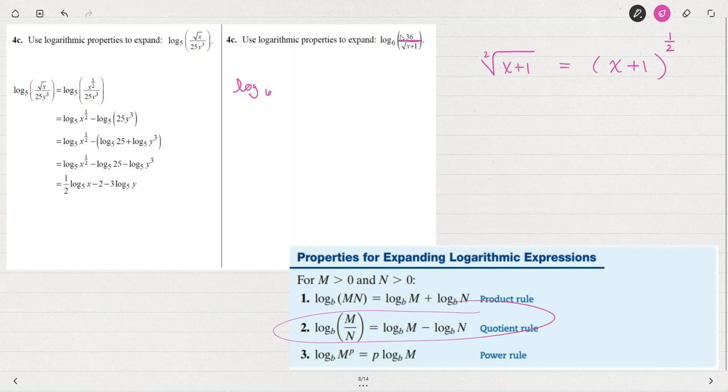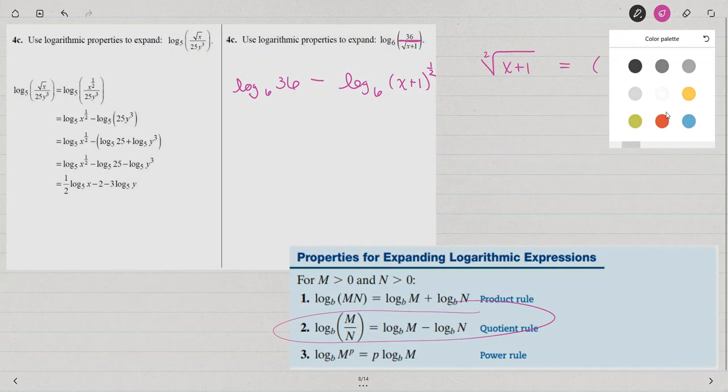If you look at the bigger printout of this, you'll probably notice that it doesn't say negative. So we'd have log base 6 of 36 minus log base 6 of the square root of x plus 1. I'm going to write that as log base 6 of x plus 1 to the 1/2. Well, that's our first step, but that's not all, because we can simplify this log base 6 of 36.